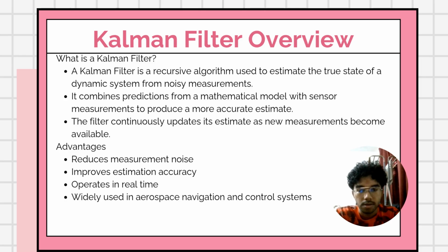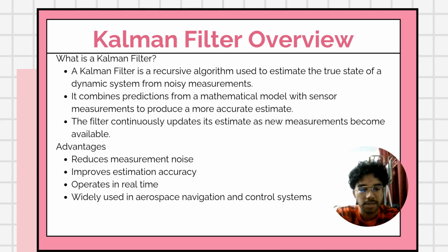So I will explain the Kalman filter and its application in aerospace systems. Basically, the Kalman filter is an estimation method used to determine the true state of a system when the measurements are noisy or inaccurate.